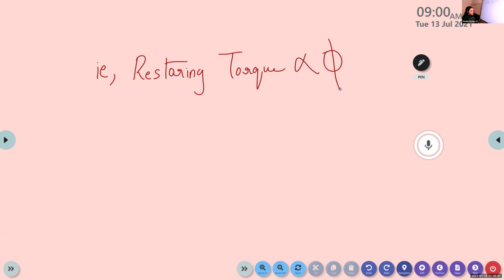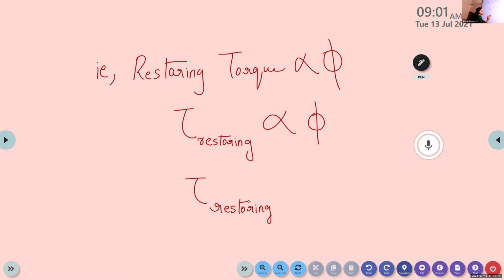So this restoring torque can be represented by tau restoring, which is directly proportional to phi. We can replace this proportionality sign by introducing a constant, that is, tau restoring is equal to K into phi.